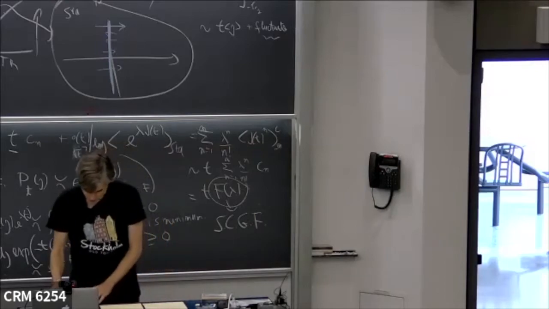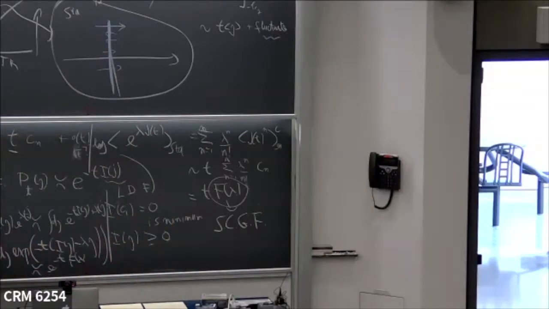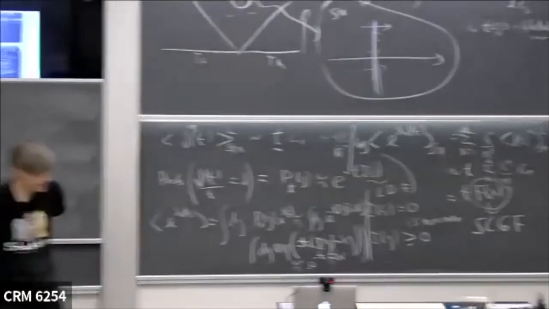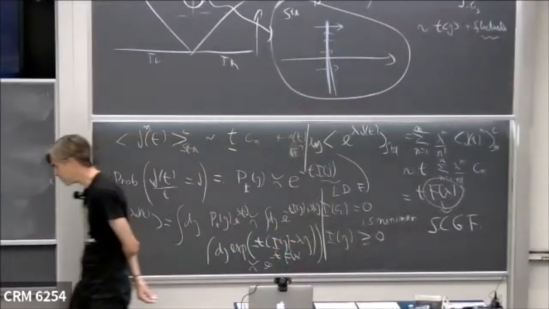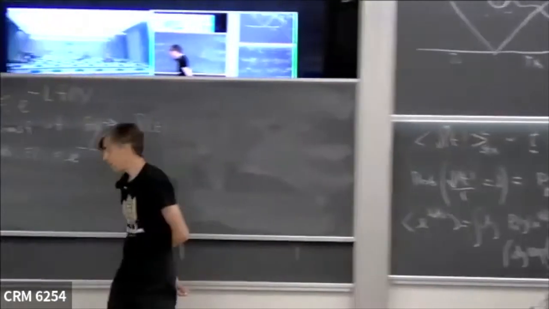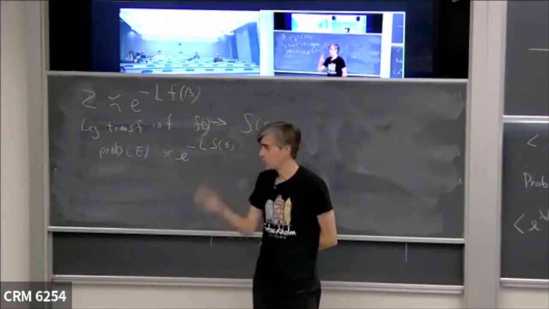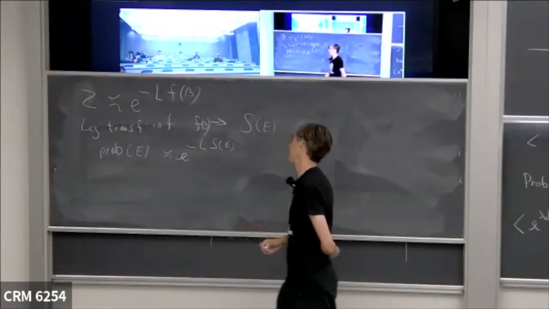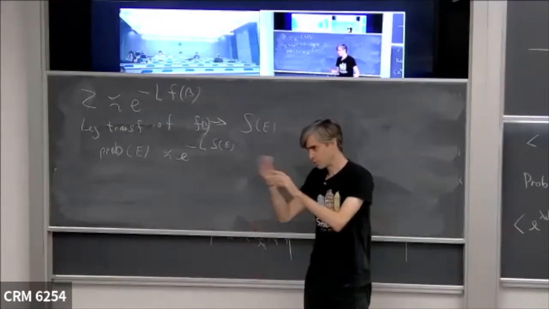Yes, questions? Does this explain why you can express entanglement entropy in terms of cumulants? Is it related? Yes, it is related indeed, very much so. Entanglement entropy is an entropy, and you want to express it in terms of certain cumulants. Except you need to find the right charge that corresponds to it.